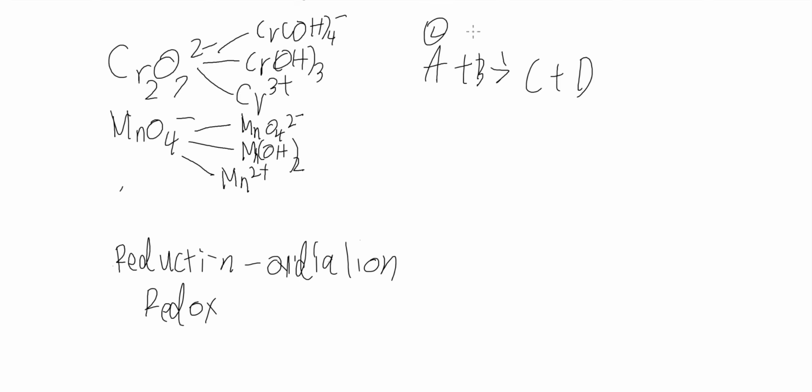Since A has lost, then B has gained. And this is really freaking confusing. Reduction is gain of electrons, and oxidation is loss of electrons.